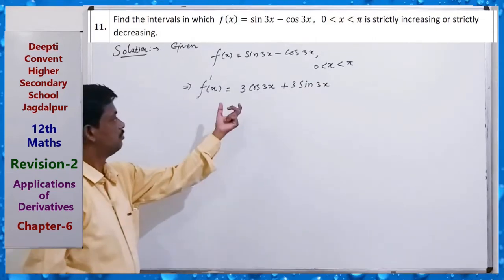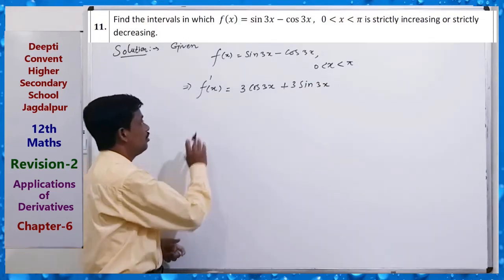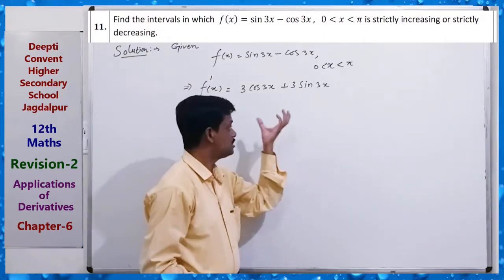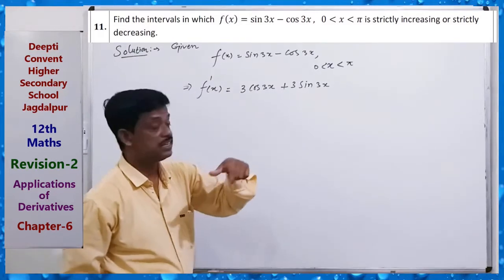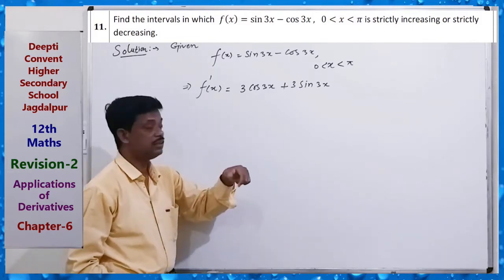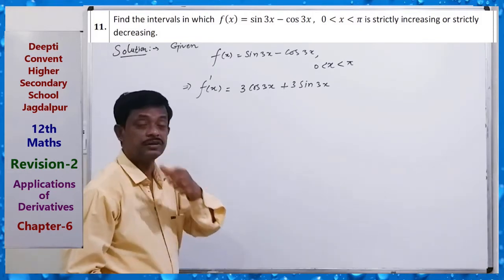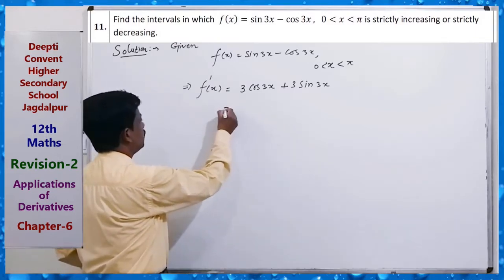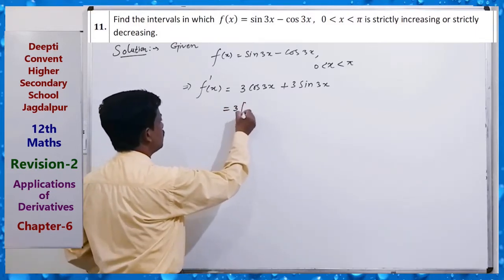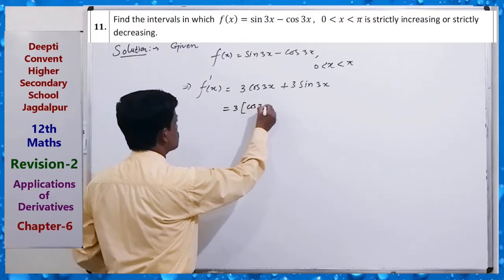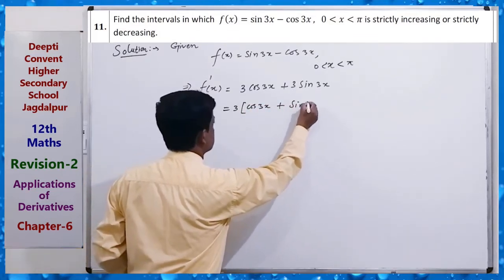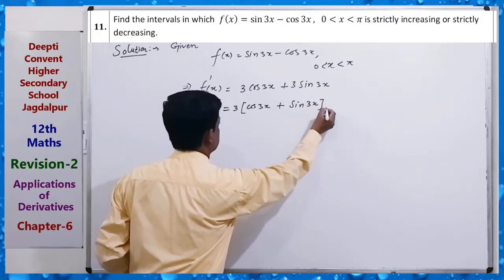We get it like this. Now we have to put this equal to 0, or for strictly increasing greater than 0, for decreasing less than 0. So 3 is common: 3 times cos 3x plus sin 3x.